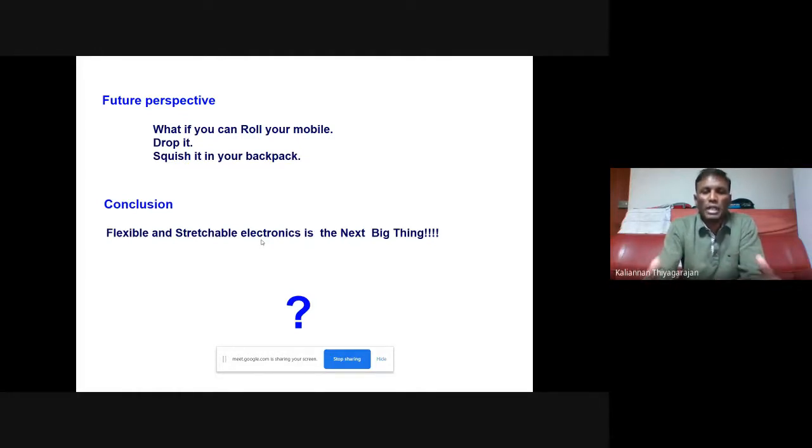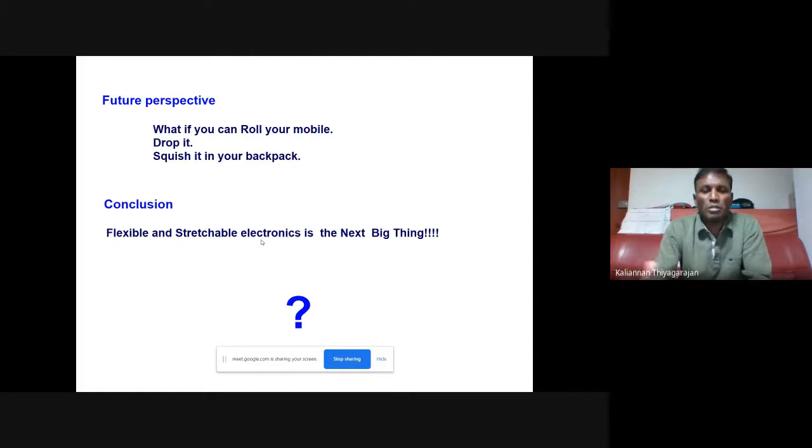It will take a long time. I think it will take at least 10 to 15 years if the development of stretchable electronics is rapid and going well, but there are still so many obstacles. Commercialization will take a huge time, and it is at laboratory scale now.